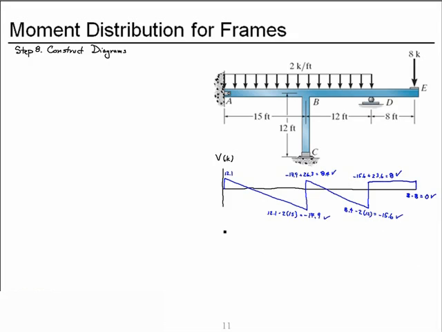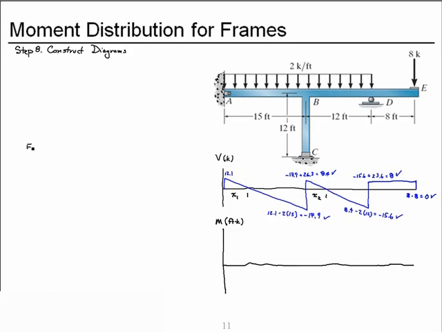Now the moment diagram. This will be in units of foot kips. To be able to integrate the shear diagram to find the moment diagram, I'm going to need to know two distances. And I'll label those x1 and x2.